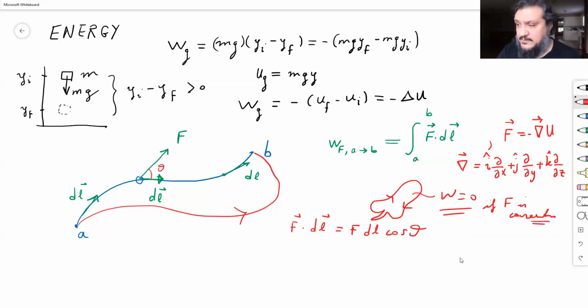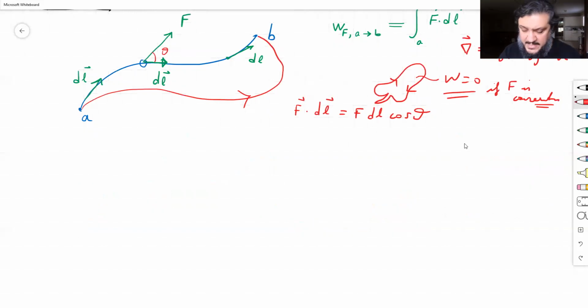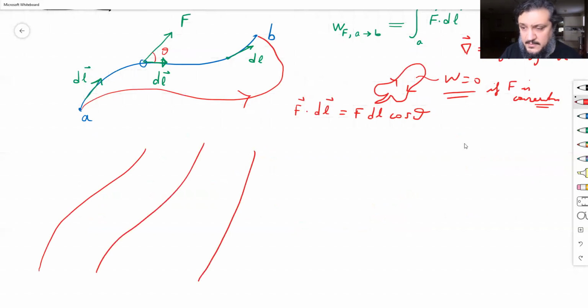So let's assume an electric field. Now, I'm going to move this up a little bit. So let's say we have some arbitrary electric field that changes as a function of the spatial variable, right? This is the electric field.